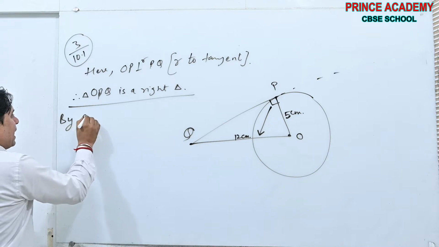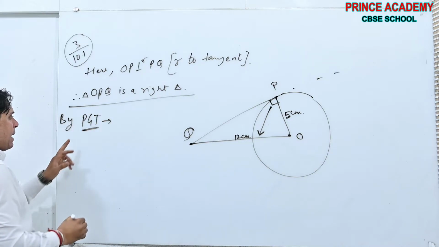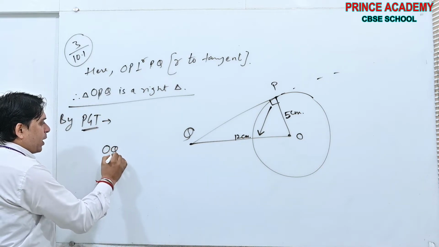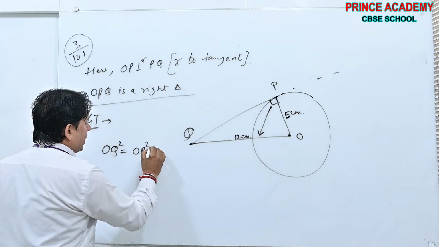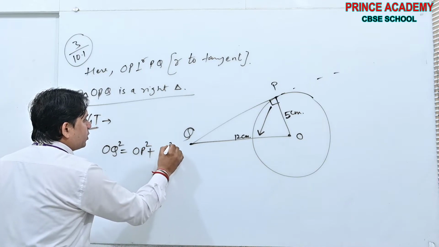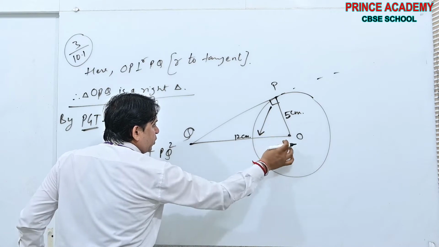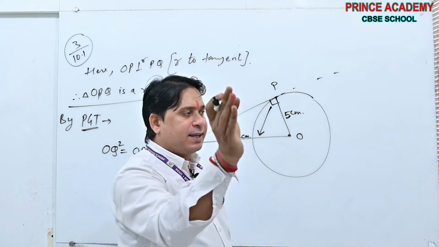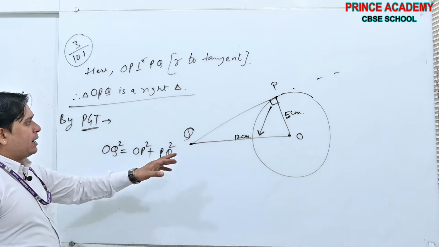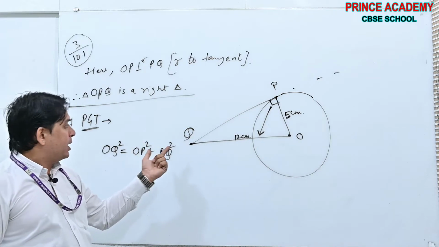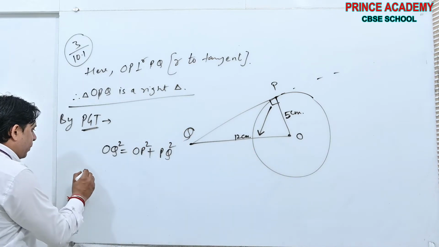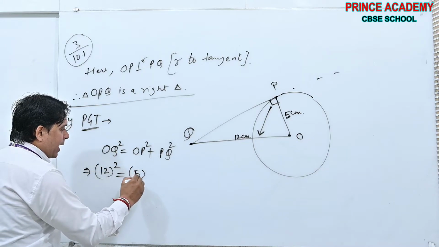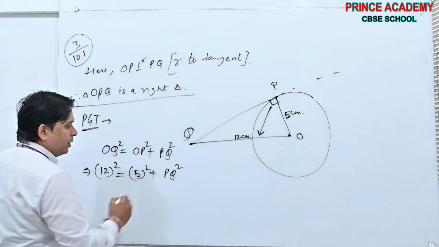By Pythagoras theorem, what can I say? OQ square is OP square plus PQ square. Yes or no? Hypotenuse square is equal to the sum of squares of the remaining sides. OP square plus PQ square is equal to OQ square. Now put the values. 12 square, OP we know, 5 square, PQ is not known. Done beta.